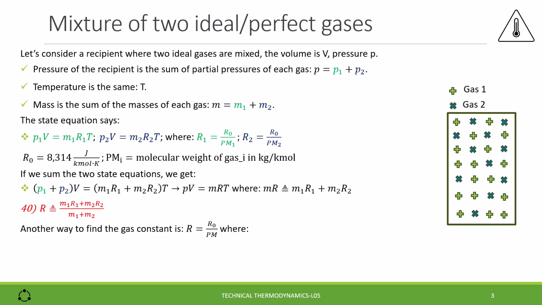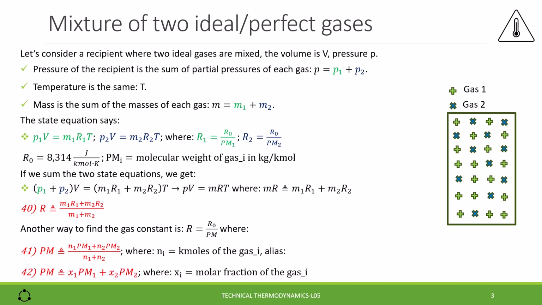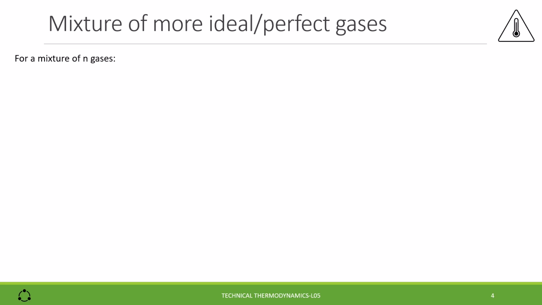Another way to find the gas constant is the ratio between R0 and the molecular weight of the mixture, where the molecular weight is given by this formula. Ni is the number of moles of the gas i, or we can write in this form x1 times PM1 plus x2 times PM2, where xi is the molar fraction of the gas i. If we generalize for a mixture of n gases, we find the formula 43, where Ri is R0 over PMi.